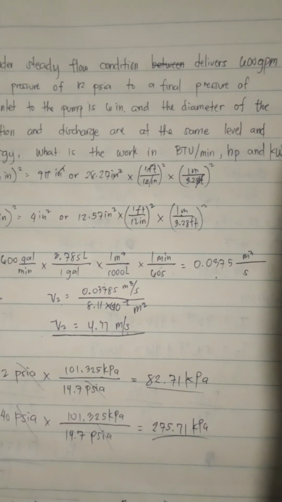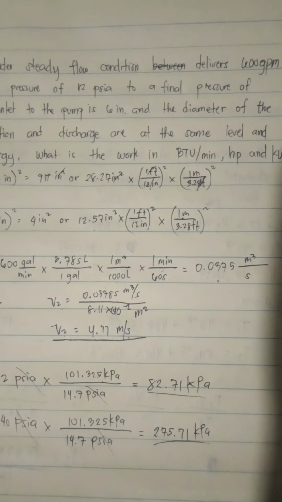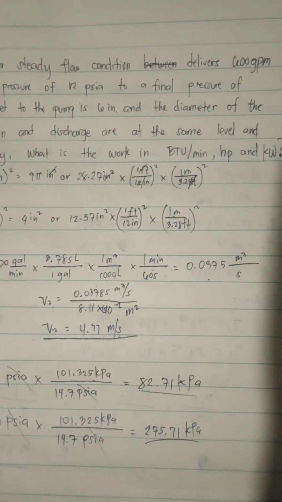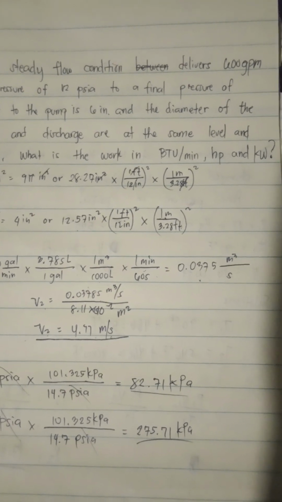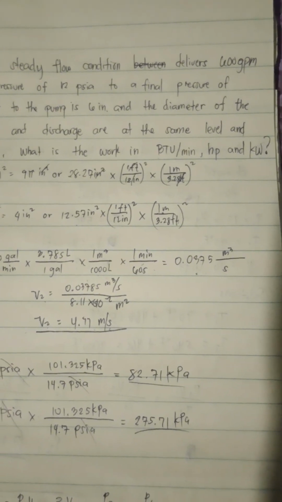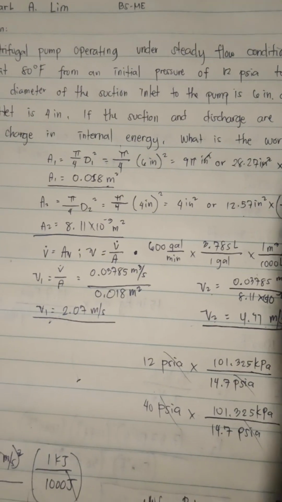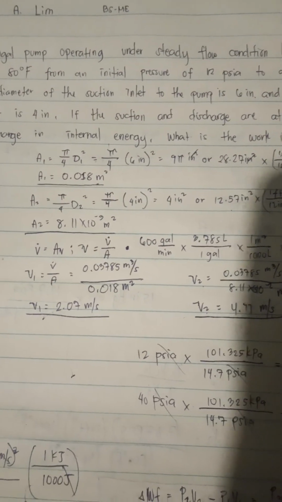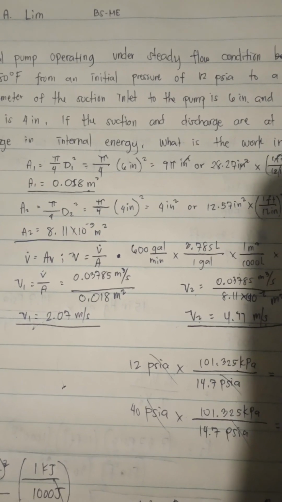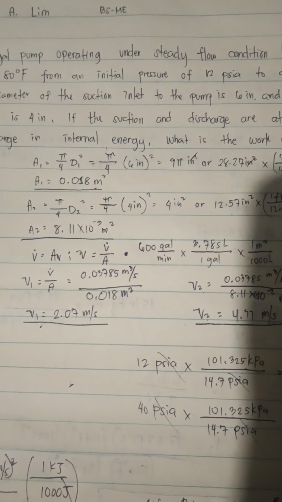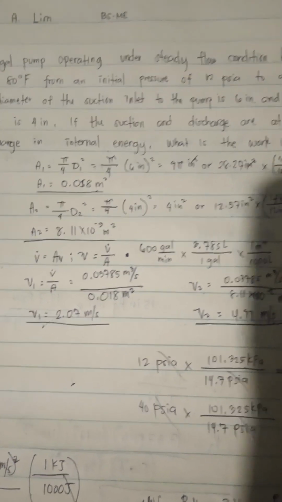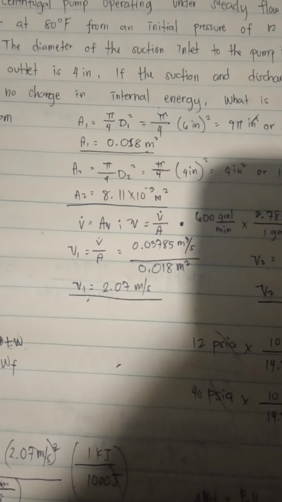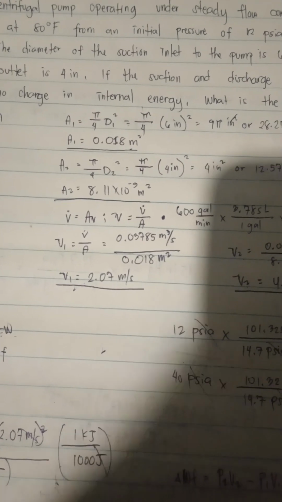So for the cancellation of the units, in every 1 feet there is 12 inch, exponent 2, times in every 1 meter there is 3.28 feet, exponent 2. So the initial area would be 0.018 square meter, and the final area is equal to pi over 4 times the diameter squared.